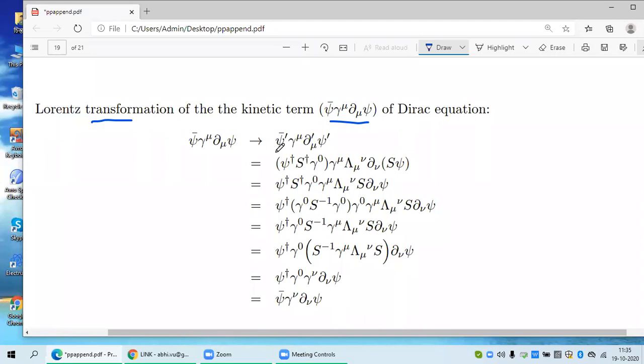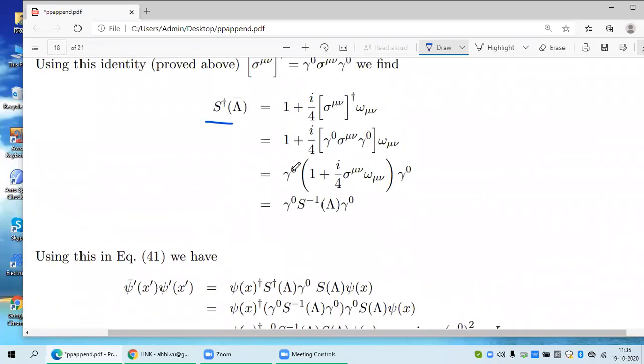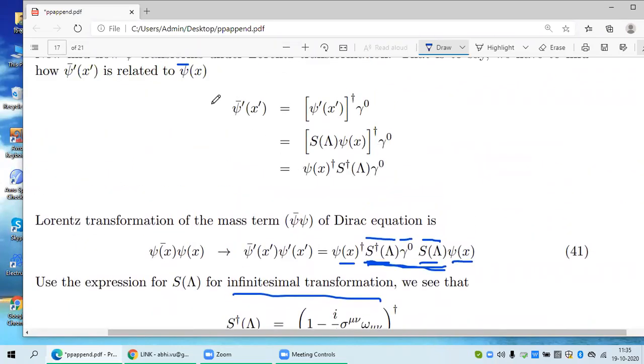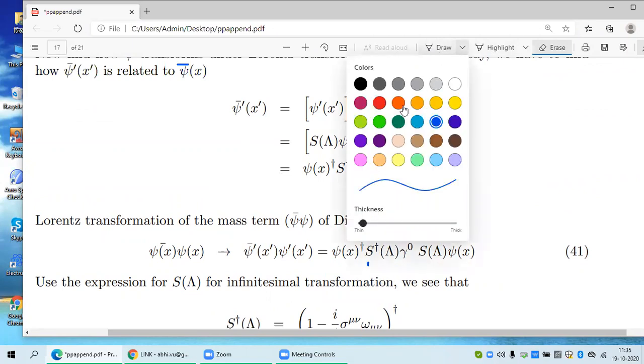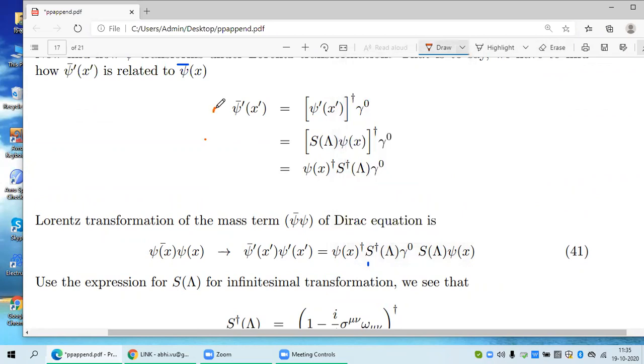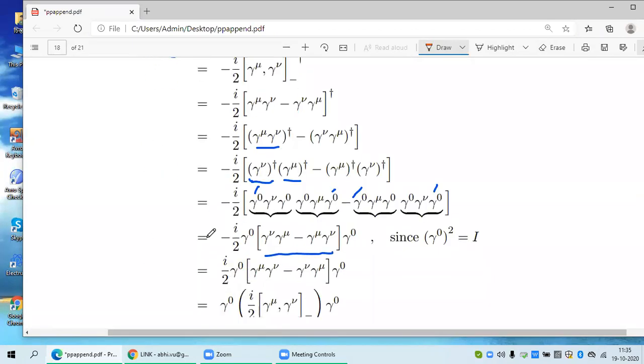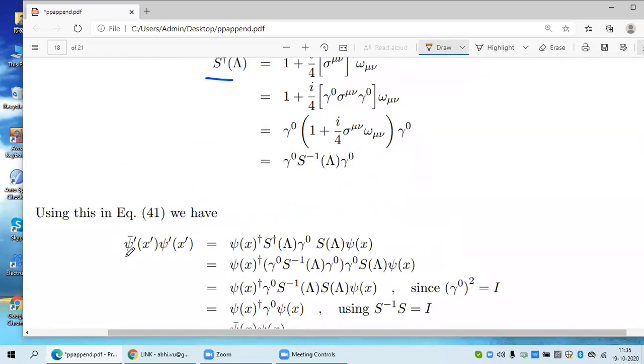Now I know what psi bar prime is because I derived it. This is psi bar. This is one result I will use. In place of this, I use that result I marked.